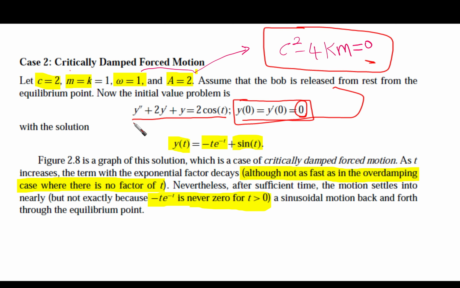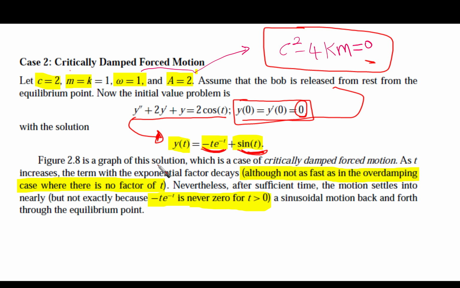This part is coming from the associated homogeneous equation. This is coming from the particular solution. I'm not digging deeper on these topics because we have already explained them in the previous videos. So we are going to look at the figure in order to understand what is going to happen.